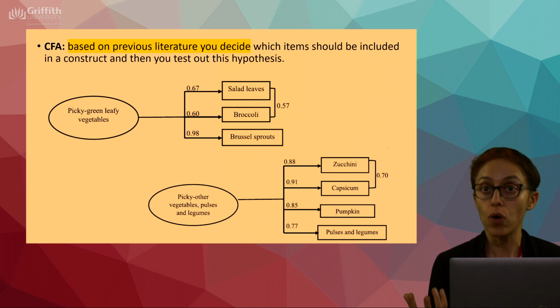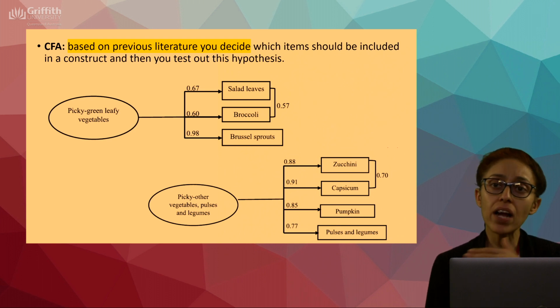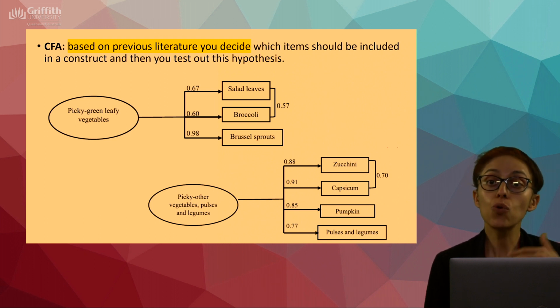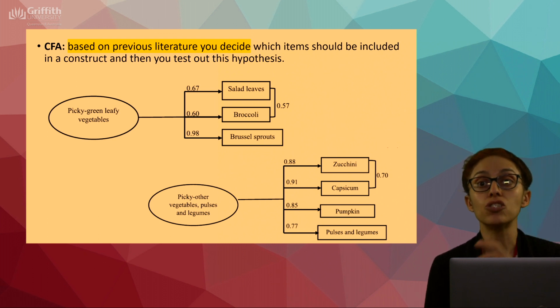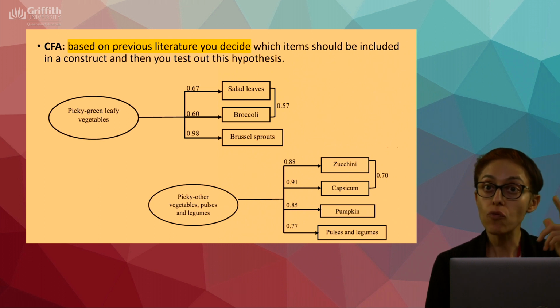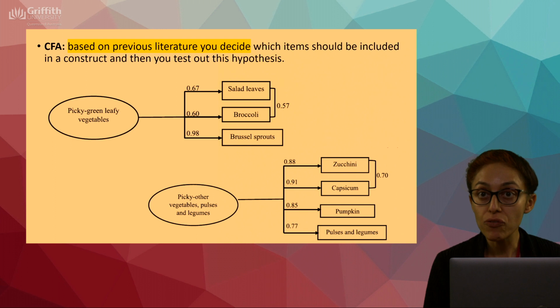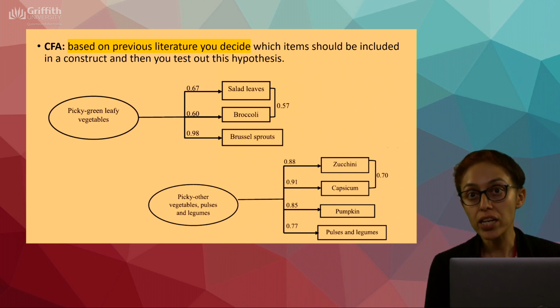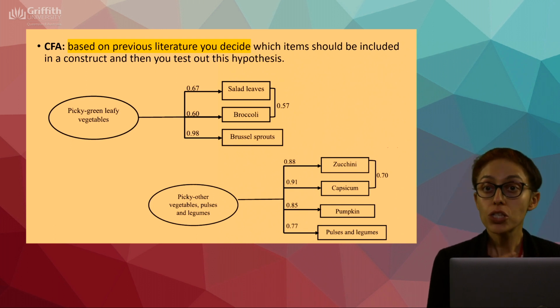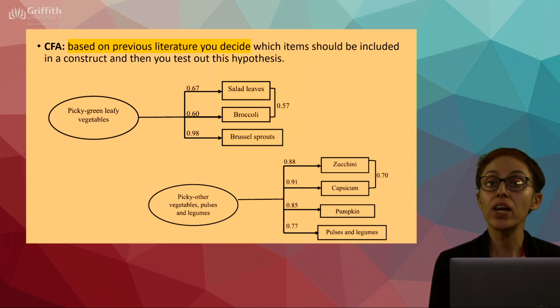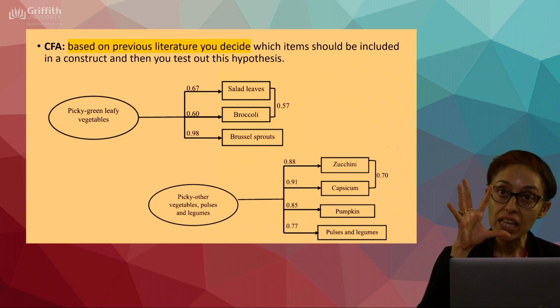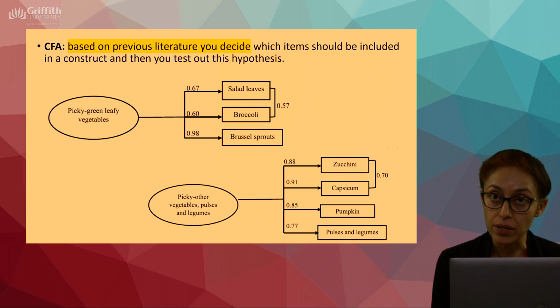So you have an underlying hypothesis and previous research to guide you in developing your constructs. You already know which items should be bunched together. You are not relying on the software to tell you which items should be bunched up together. No, you yourself are confident based upon existing literature that these items should go well together.